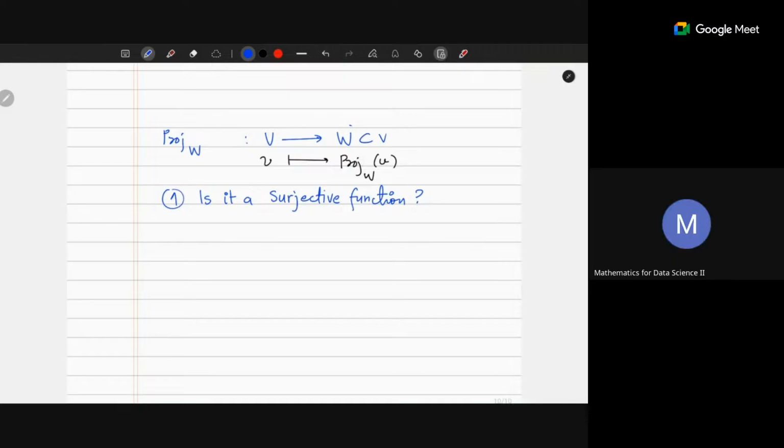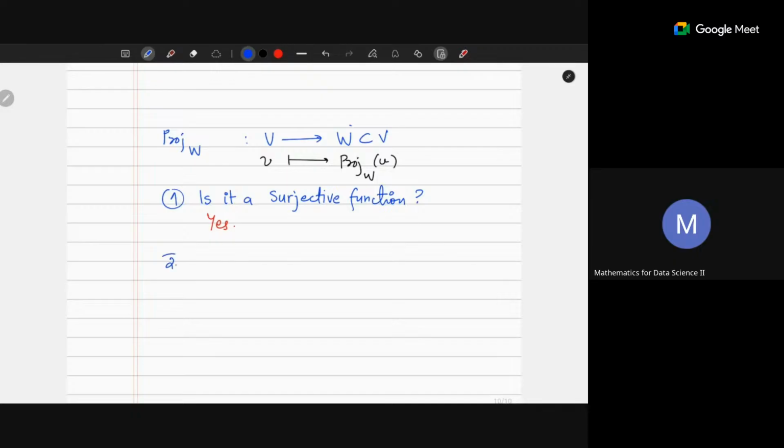Yes, W is a subspace of V, right? So if you take any element from W, it will project to that element in W, right? So yes, it is a surjective map, correct?